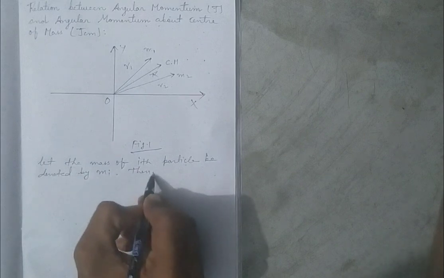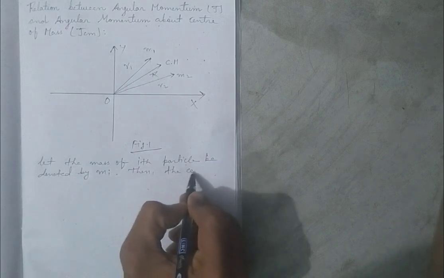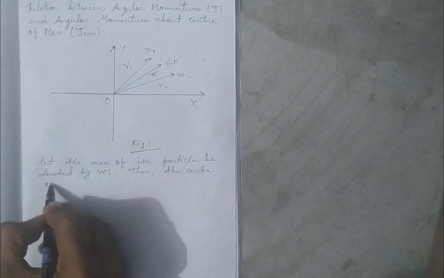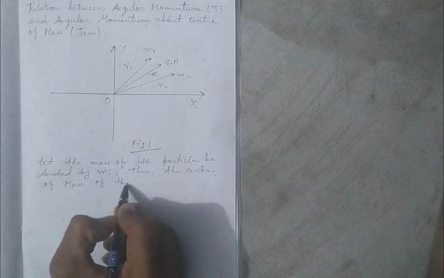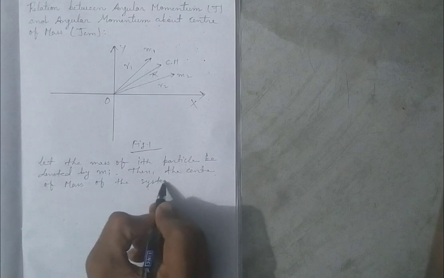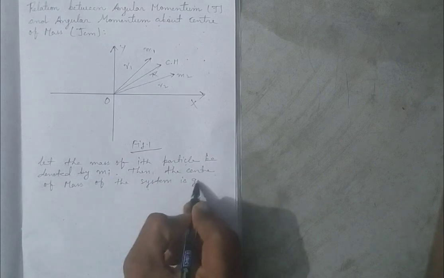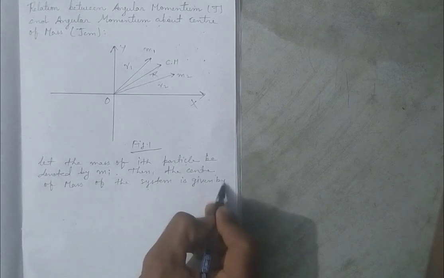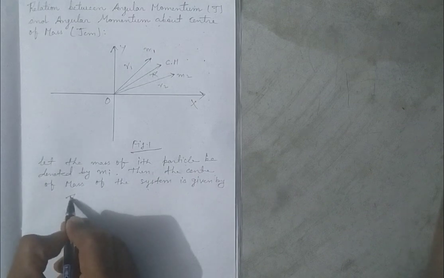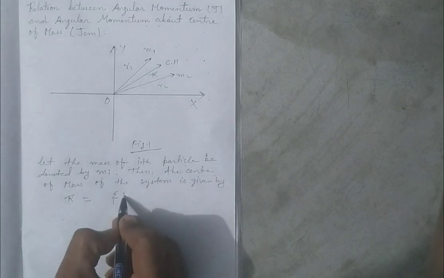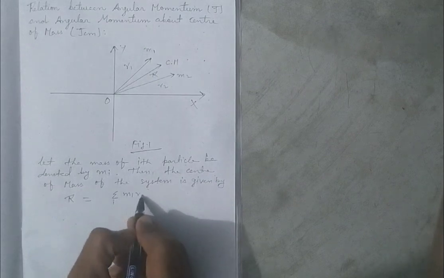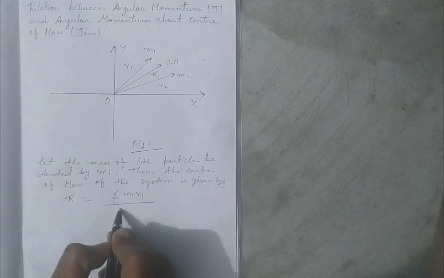Then the center of mass of the system is given by the position vector R of the center of mass equals sigma over i of mi Ri upon sigma over i of mi.